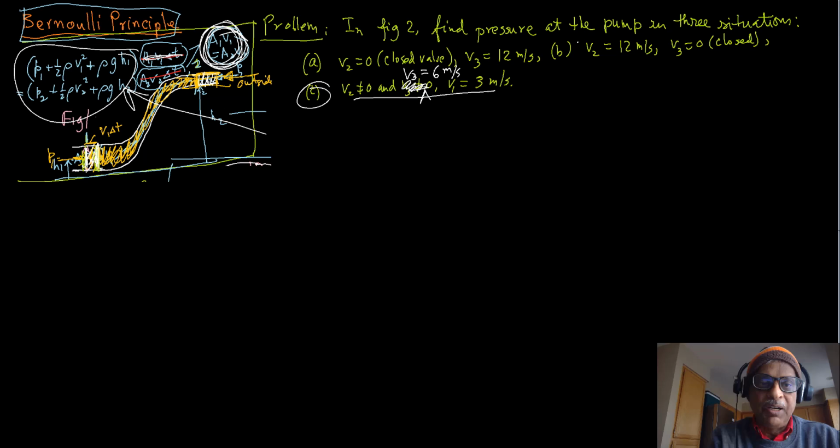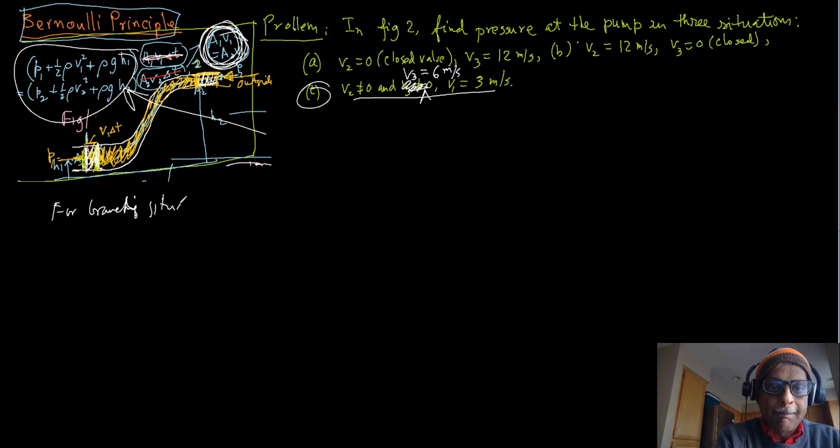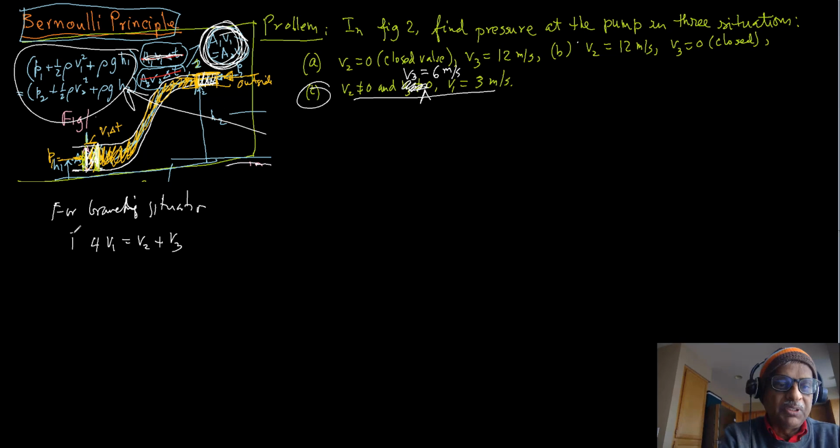Just to recap, for the branching situation, we found that 4 times V1 is V2 plus V3. That's one equation we found.